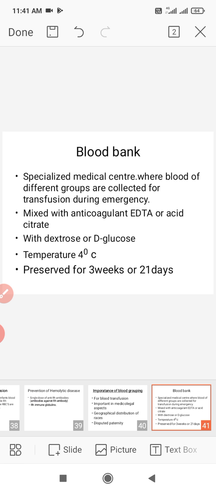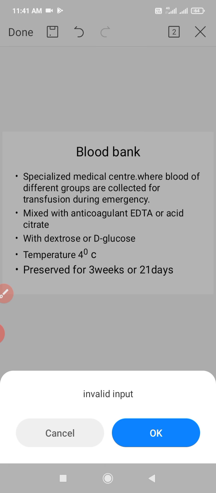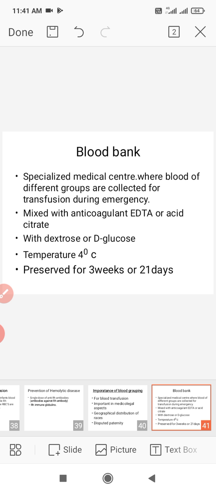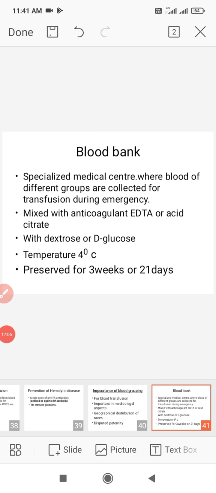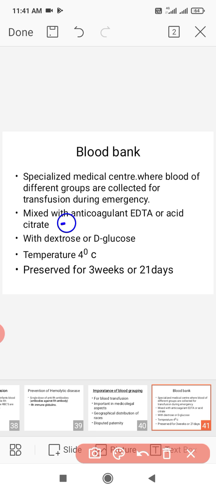Next, coming to the blood bank. A blood bank is a specialized medical center where blood of different groups is collected for transfusion during emergencies. Whatever blood is given is mixed with anticoagulants, EDTA or acid citrates.